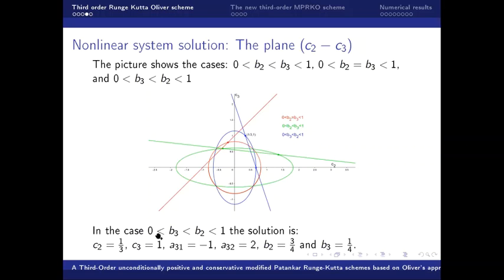In the case 0 less than B3 less than B2 less than 1, the solution is C2 equal 1/3, C3 equal 1, A31 equal -1, A32 equal 2, and B2 equal 3/4, and B3 equal 1/4.